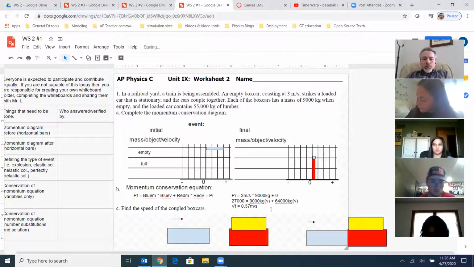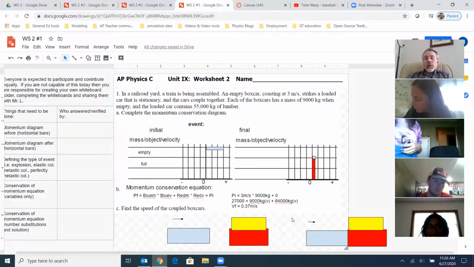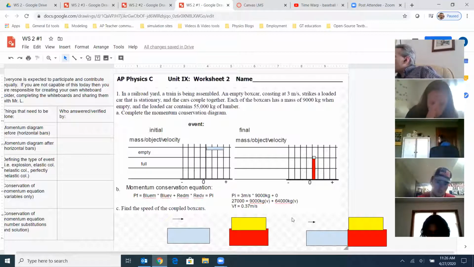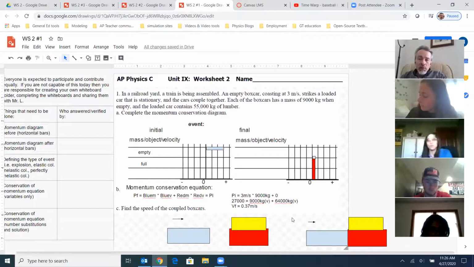And so the initial momentum, I think you find to be 27,000, and set that equal to 9,000 times V, and then 64,000 times V. So maybe some of you accidentally put 55,000 times V. It's really 55,000 plus 9,000. And so I think you end up getting 0.369 or so, 0.37 meters per second. Any questions on that? Because I was hearing different answers. I think I heard 0.4 from some people.